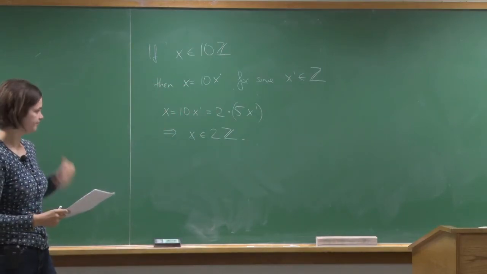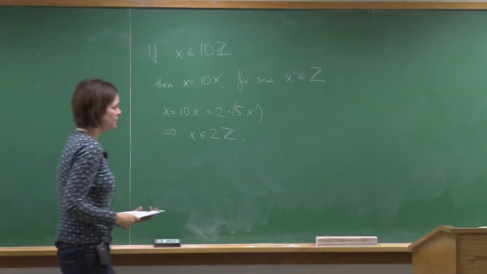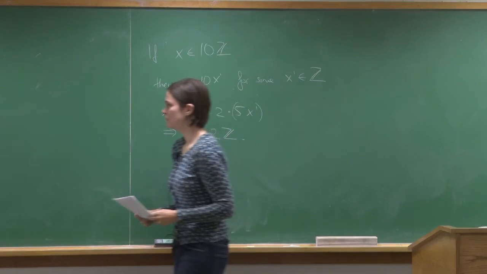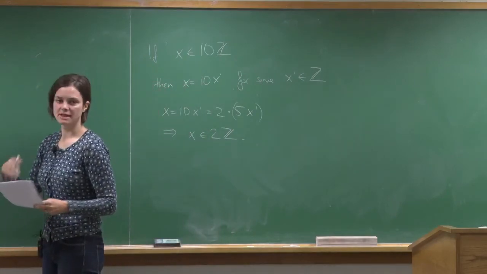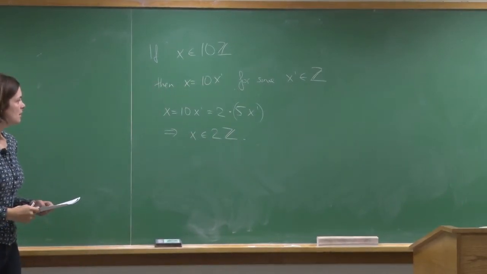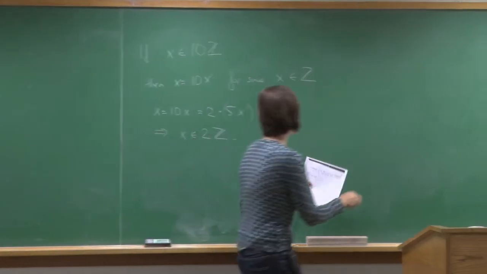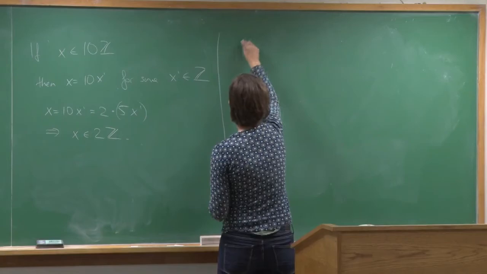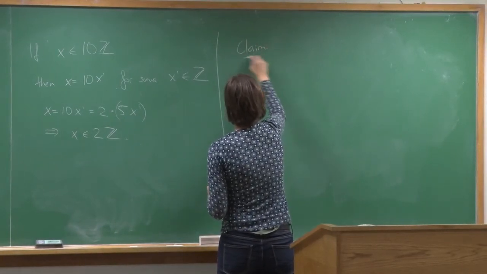And of course, it'd be pretty easy to show that the other way around isn't true, because 2 is not going to be in the multiples of 10. Okay, so more generally, in this case, you should see that there's something more general that we can say.